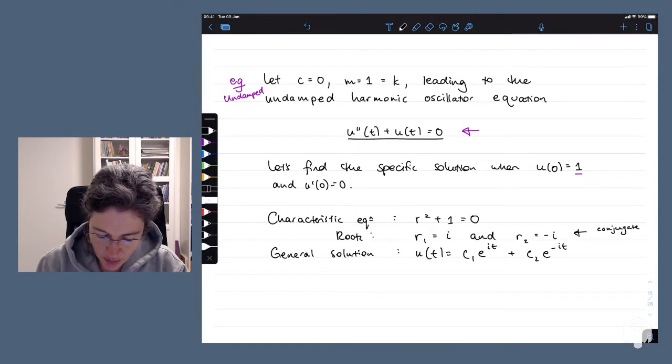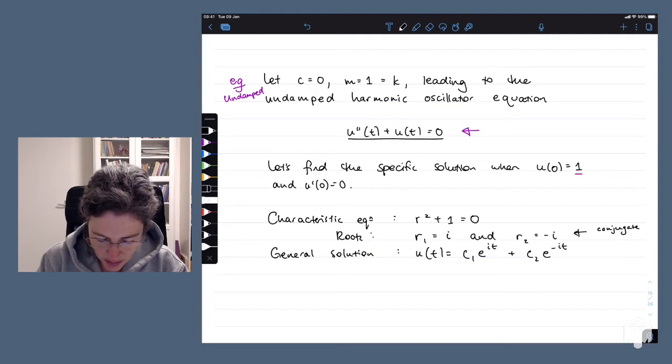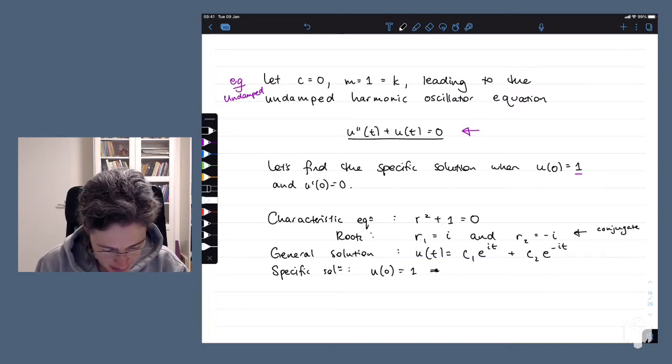Okay, so we've got our general solution. Now we want to find our specific solution, so we need to put in our initial conditions. Well, u of 0, so u at time t equals 0, is equal to 1. If we plug that in, that tells us we need to have that 1 is equal to c1 plus c2.